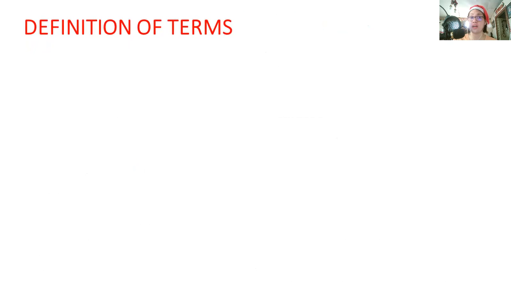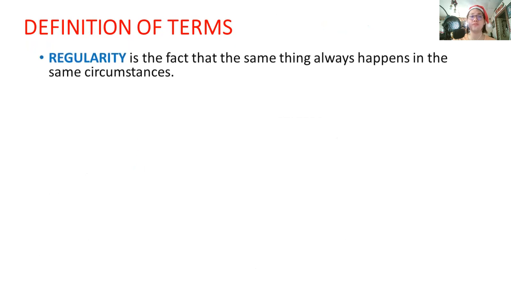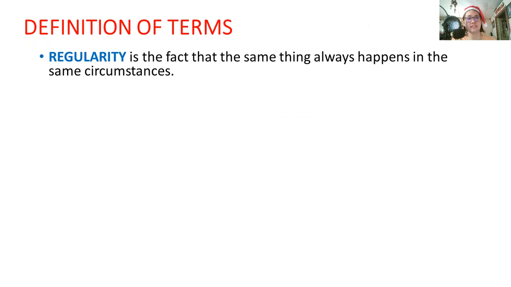Okay, now let's talk about the definition of terms, the words that we mentioned a while ago in the previous slides. We will now define them in standard definition. So when we say regularity, it is the fact that the same thing always happens in the same circumstances.